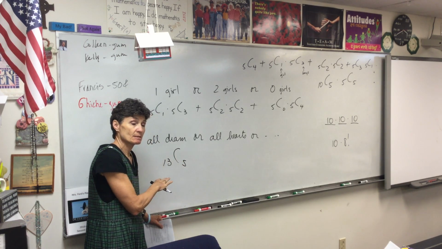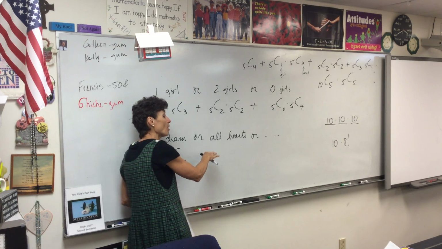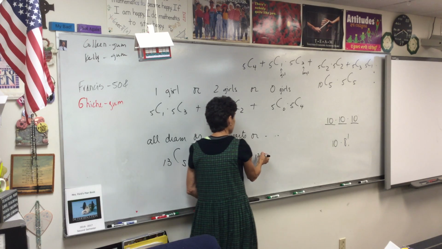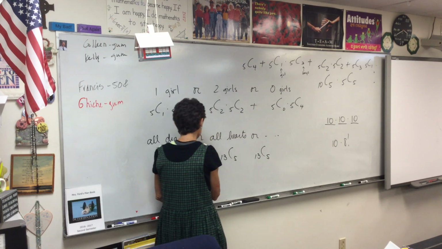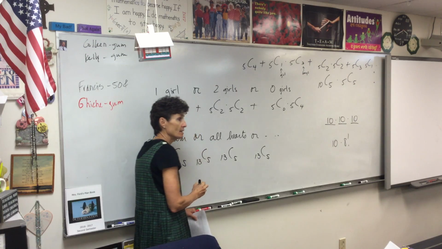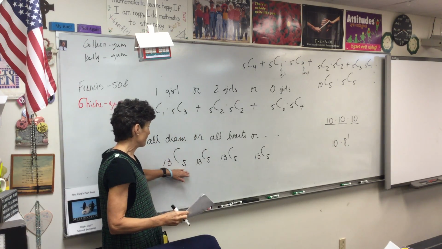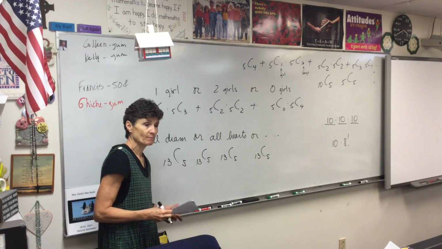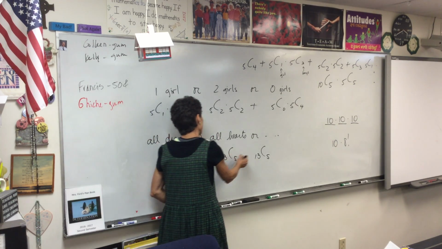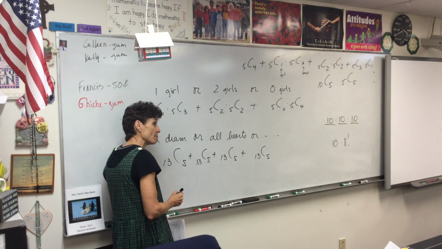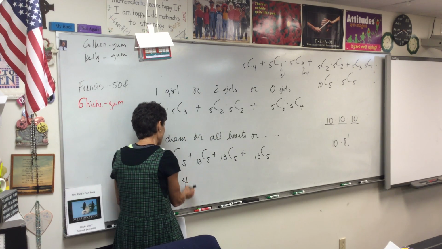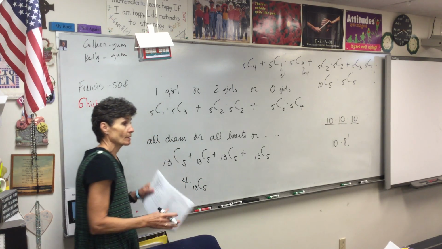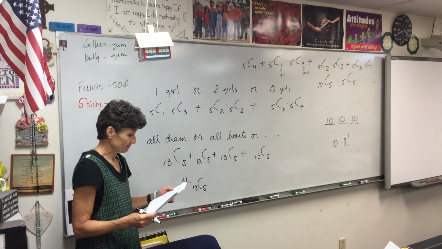What would all hearts be? 13C5. And spades? And clubs. So we could get this, or this, or this, or this. What am I going to do with those 4 numbers? Add them up. And since they're all the same, we could just say we have 4 13C5s if you wanted to simplify it a little bit.